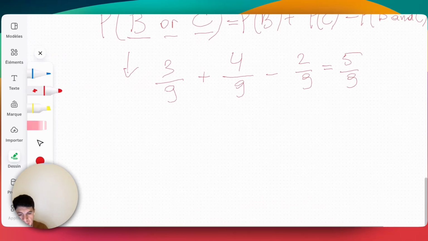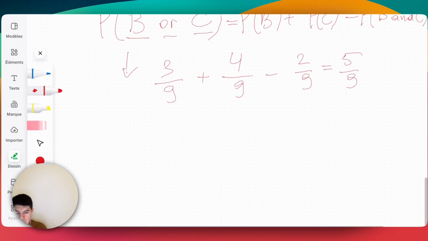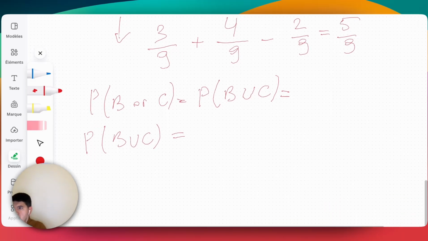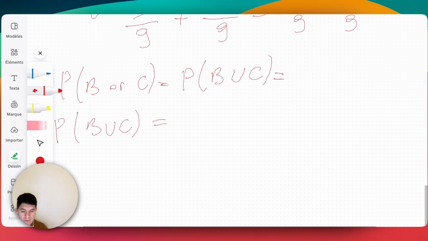So let's calculate it another way. We can write this expression, the probability of B or C occurring, as B union C. If we figure this out over the sample space, B union C gives us 1, 6, 7, 8, and 9.